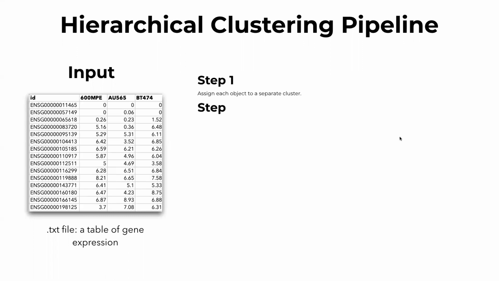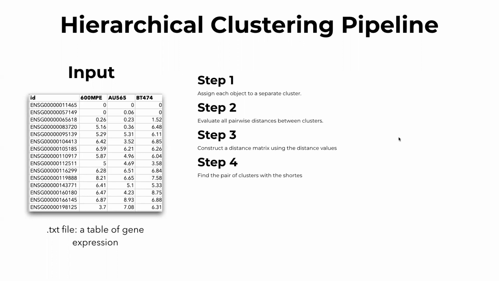It's going to assign each object to a separate cluster or group, and then it's going to evaluate all pairwise distances between those clusters using your chosen distance metric. There's going to be a distance matrix that's going to be constructed using the distance values. And we're going to find a pair of clusters with the shortest distance. Then all of these are going to be merged into a single cluster. And we're going to repeat from step 2 until we end up with a single cluster for all the objects.